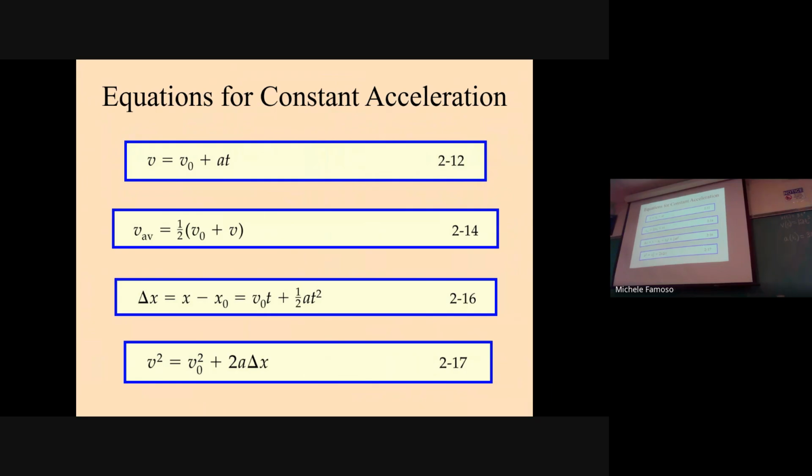This first one is vf = vi + at. That's how you saw it last year. This next one is v bar = (vi + vf)/2, the average of 2 values when your acceleration is constant. This one is d = vit + 1/2 at squared. And this final one is vf squared = vi squared + 2ad.